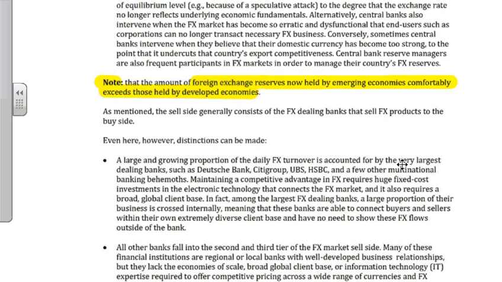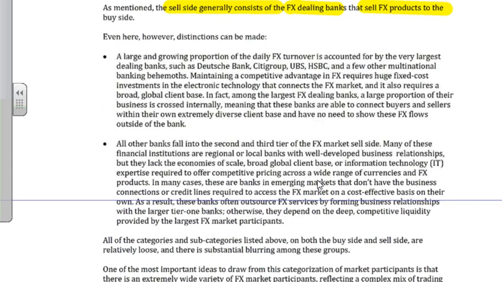Okay, the sell side generally consists of who's selling you the currency. If you need currency, let's talk very easily in terms of, let's say, a retail investor. He wants to go overseas. Where does he get money from? Foreign exchange dealing banks. Okay, we look over here.